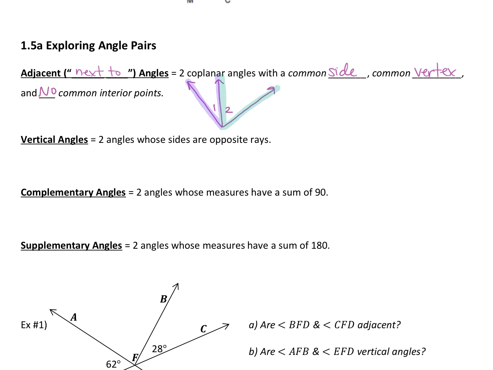Okay, here's why. They share a common side. Okay, so here's their common side right here. Okay, common side. They have a common vertex being the point that they meet at, right? But then they have no other points in common. Those are the only points that they have in common.